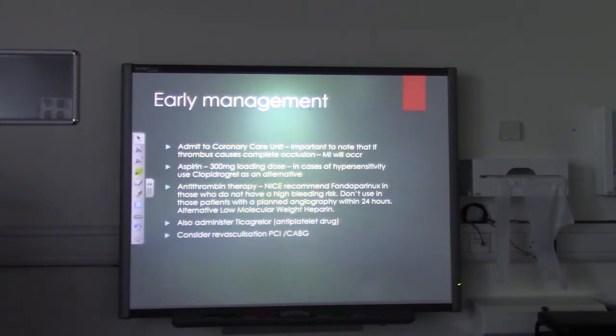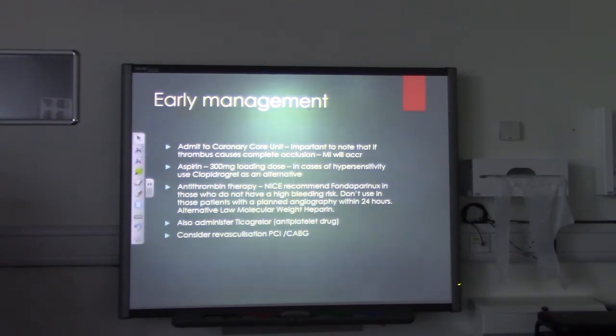Normally given aspirin, 300 milligrams as a loading dose. In cases of hypersensitivity or allergy to aspirin, then use clopidogrel or an alternative antiplatelet drug. Antithrombin therapy, NICE recommend fondaparinux in those who do not have a high bleeding risk, but it's not to be used in patients with a planned angiography within 24 hours.